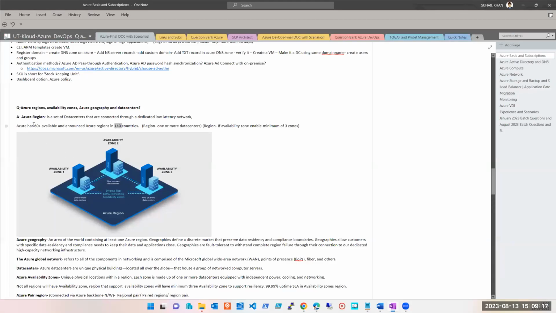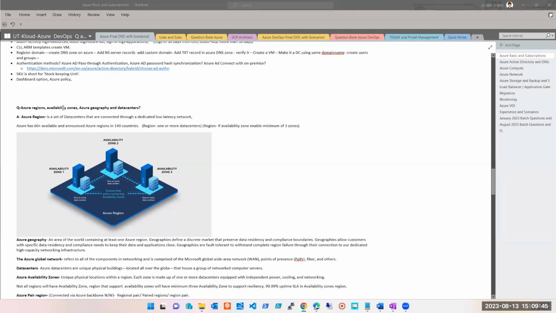Azure has 60 plus available and announced regions in 140 countries. Got it? This is the answer. But this is an old one. You can do a Google search on how many regions are there in Azure. I'll just do it for you. Wait. How many regions does Azure have?